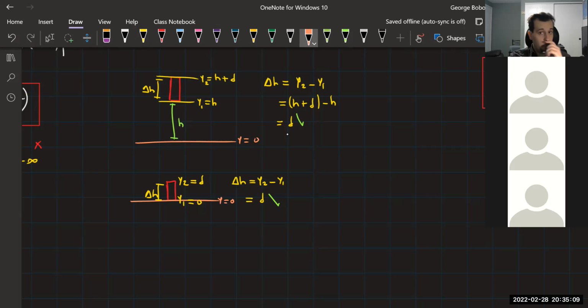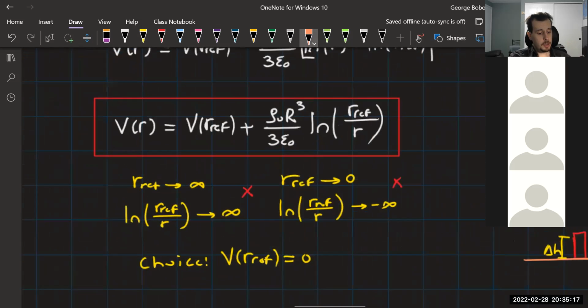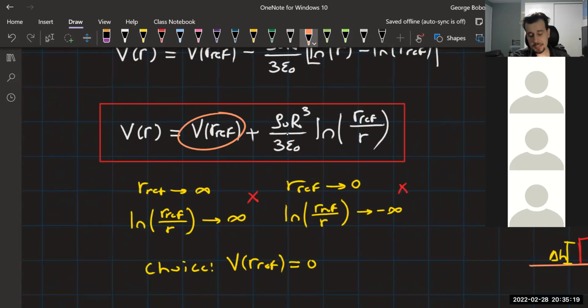It's the same with voltage. With your voltage, you have the option of setting this equal to 0. Why set it, for example, to 1,000 volts when you can set it to 0 and make your measurements with respect to that special point, wherever it may be in space?